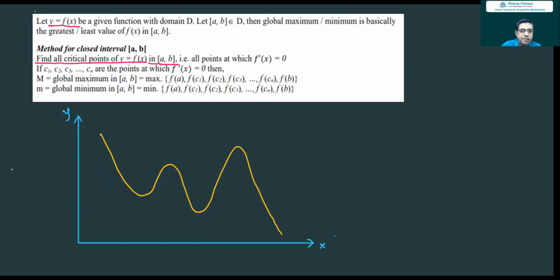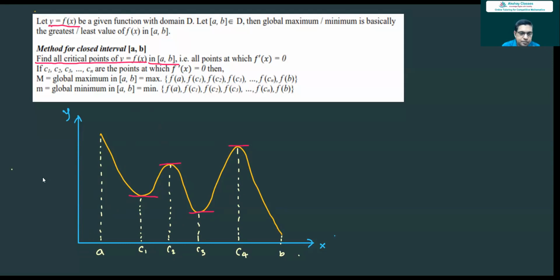Now this is the boundary A and B. Now if we look at the critical points where the derivative is 0, there are 4 points, 4 points where the tangents are horizontal. So these points are C1, C2, C3, and C4.